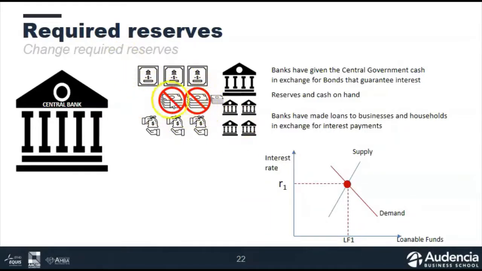Now, the second tool of monetary policy are these required reserves. Remember that this is an amount of money that banks, commercial banks, need to keep for their depositors. If a depositor comes to the bank and says, I want my money, well, you got to have some on hand. And I told you before that this money is not really at this bank.